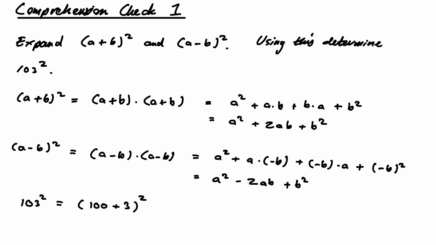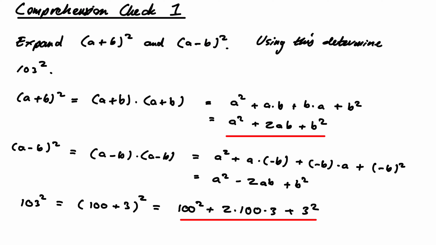So I'm doing this, as I said, because powers of 10 are easy to deal with in the decimal system. So if I expand this out, this is 100 all squared plus what? Well, it would be 2 times 100 times 3 plus 3 all squared. Right, so that's exactly this expansion here.